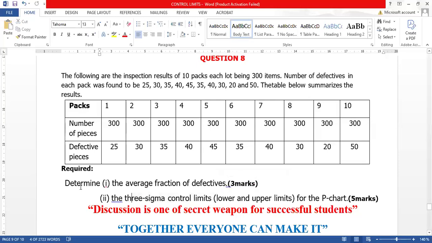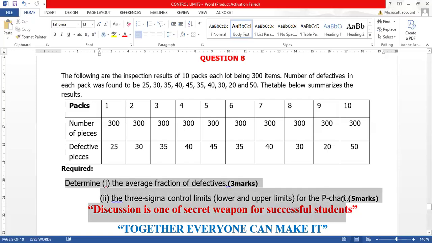Here you are not told to plot. You're just going to calculate the upper control limit, lower control limit, and the average. Already you will be having the average, so you don't need to look for that average again. But for practice, go ahead and plot.